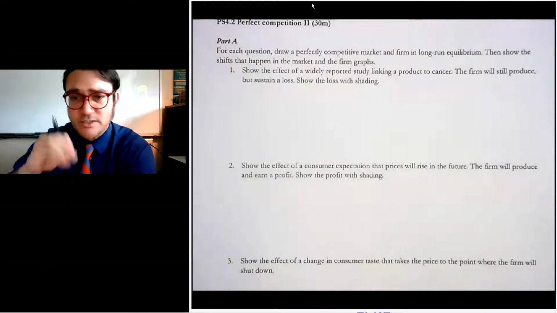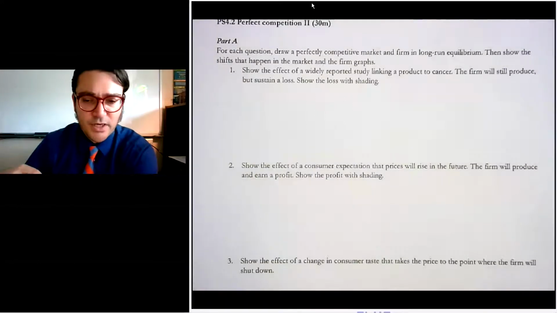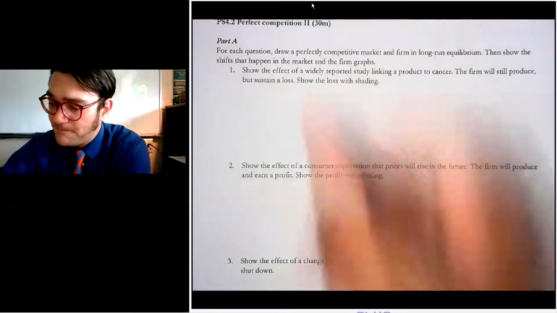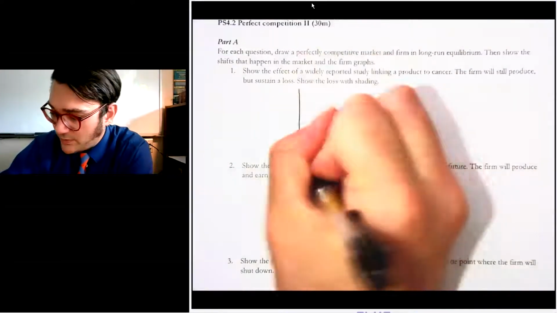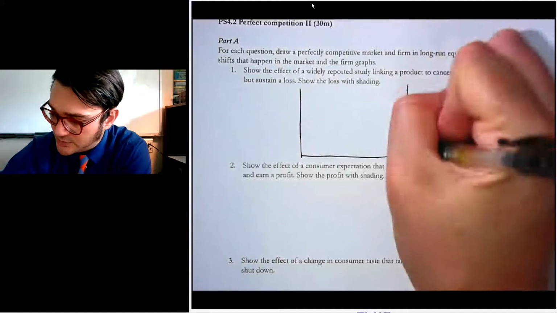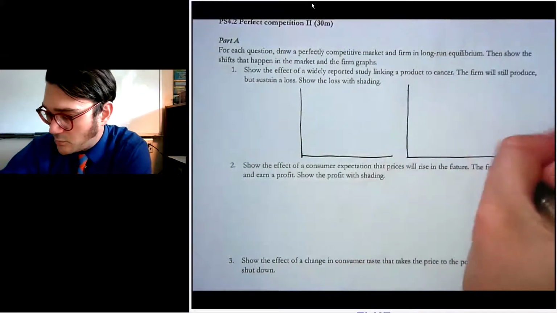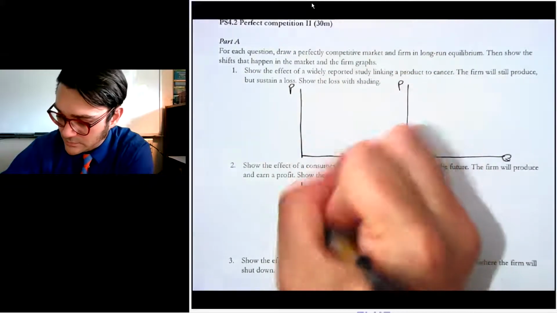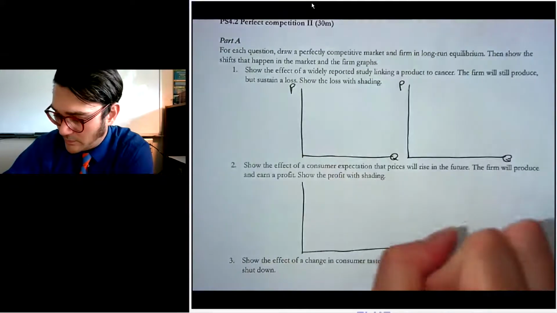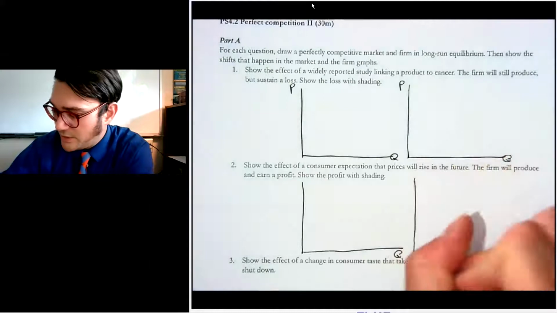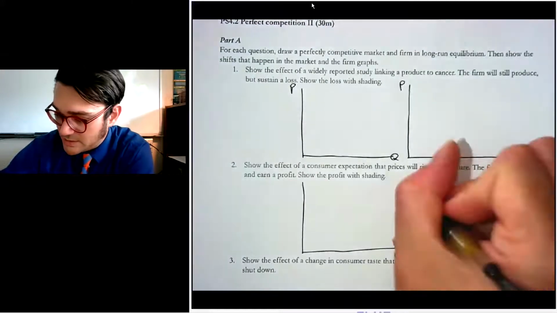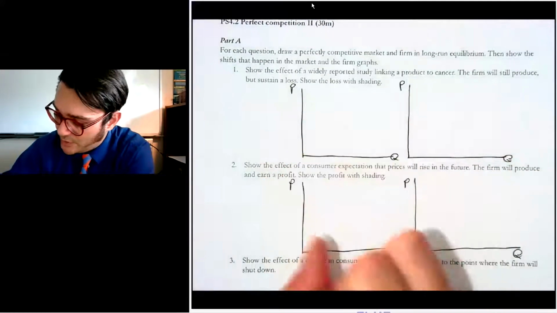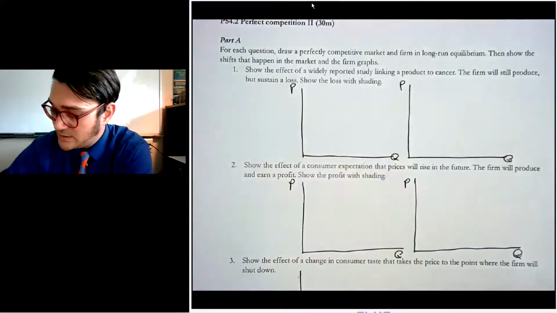So if you want to pause me, actually, and draw your graphs, that's fine, or you can draw them with me. So we'll start with all 6 pictures and quantity and price. Again, good practice, get in the habit of knowing how to draw these graphs.